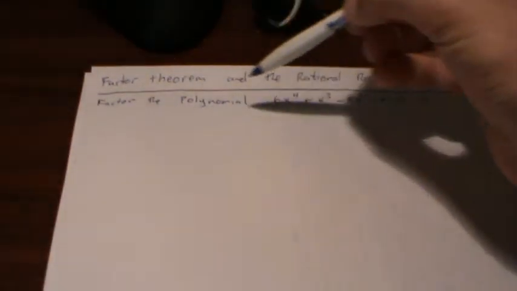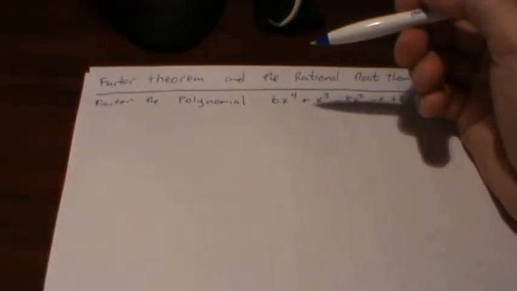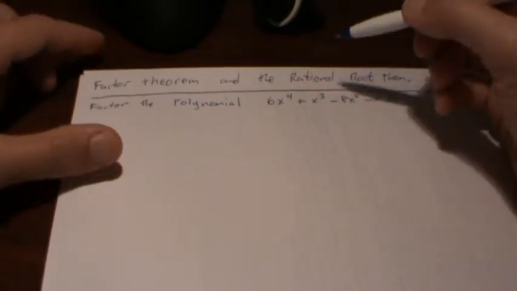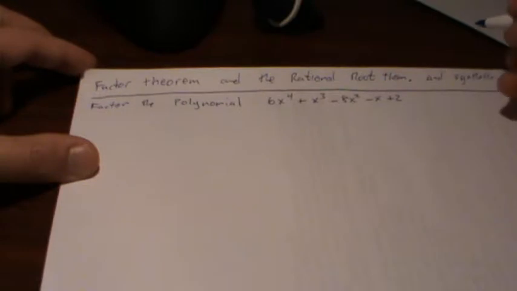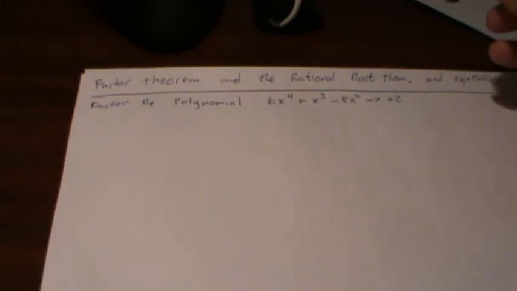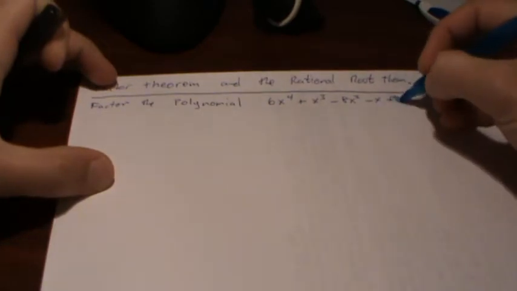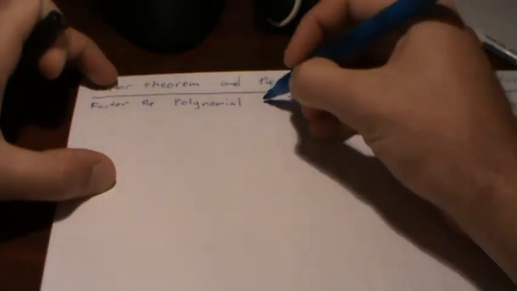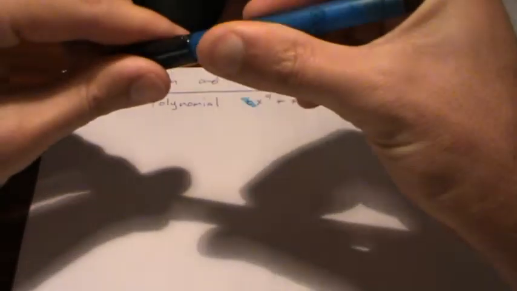find the factors of this polynomial. Alright? And so you begin. We actually begin with the rational root theorem. The rational root theorem goes like this. What you do is you look at the constant number right here and the lead coefficient.